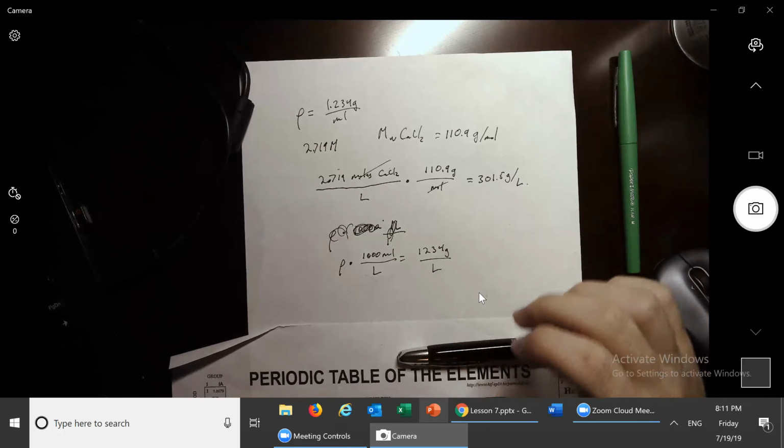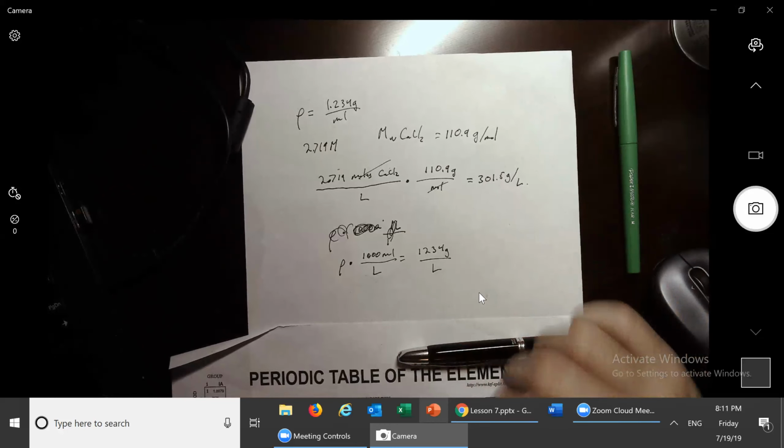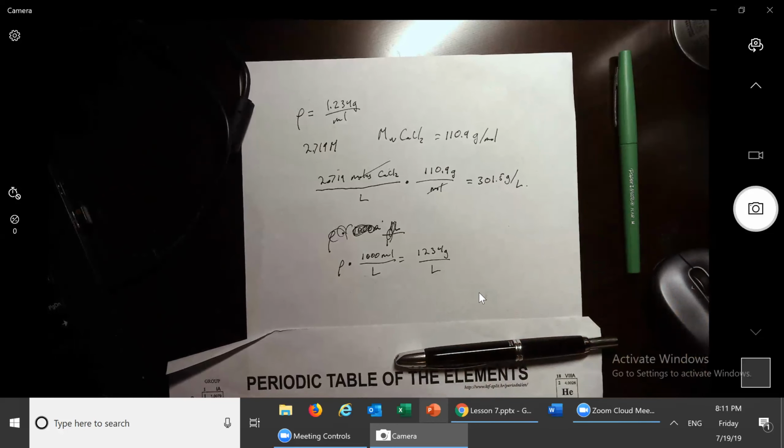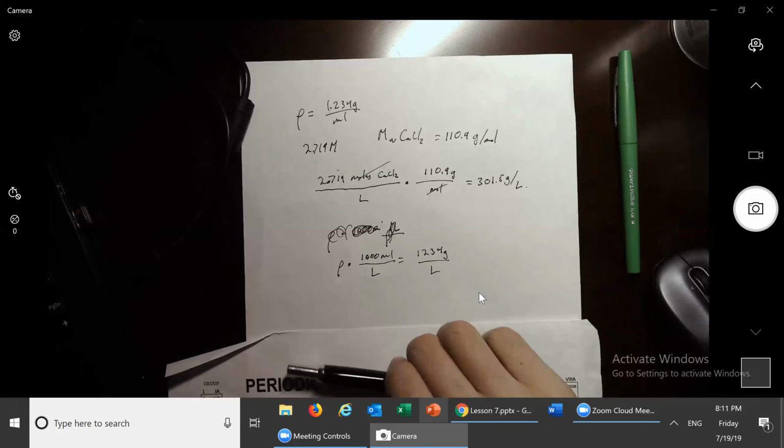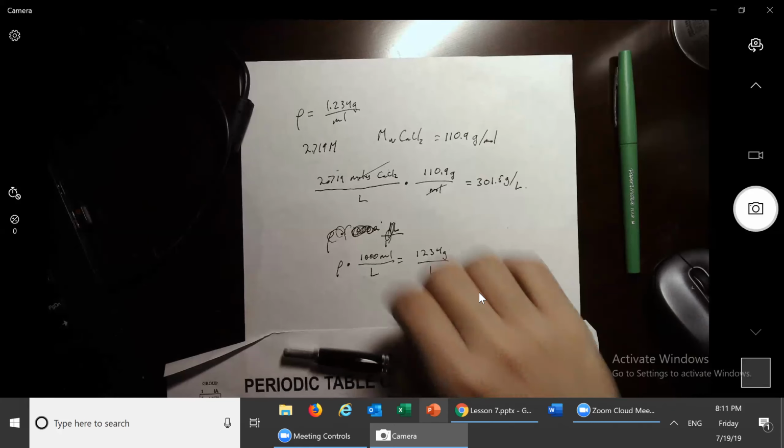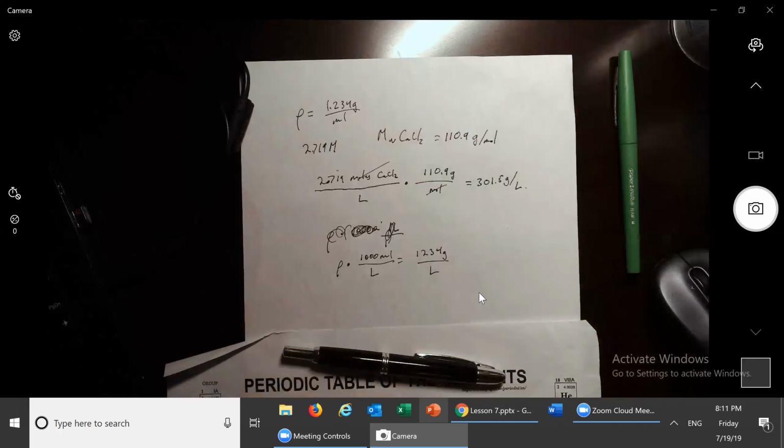How much does the water in our solution weigh?